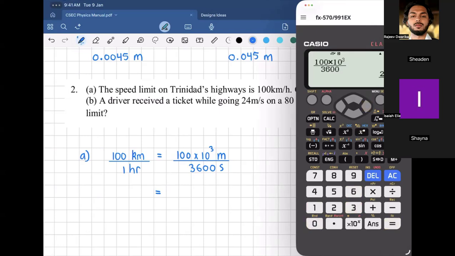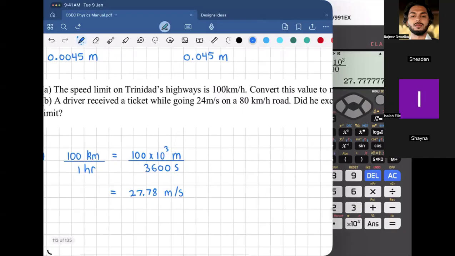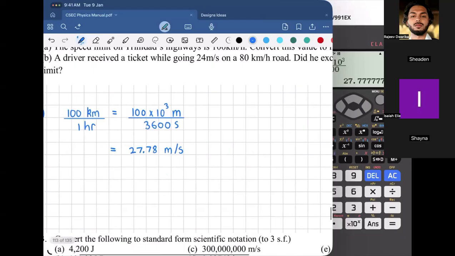Are you all getting 27.78 meters per second? Yes, sir. Cool. Isaiah, did you get 27.78 meters per second? Yeah. Okay, great. So guys, we just did indices the other day. Does everybody know that meters per second is the same thing as ms minus 1?